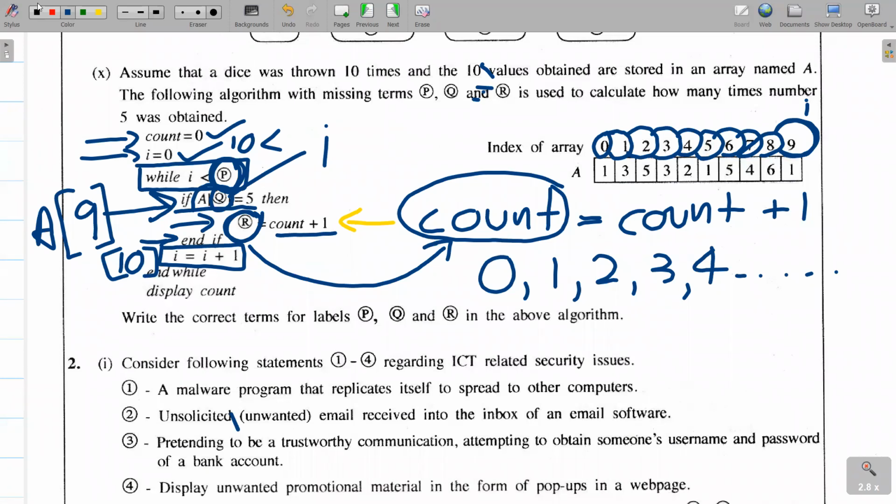Okay, so if the I is going to become 10, oh, seriously, why is it happening?